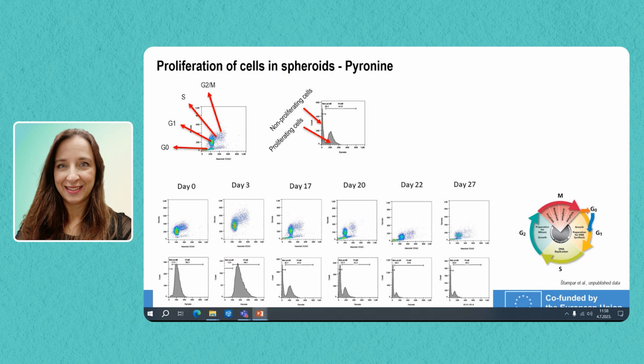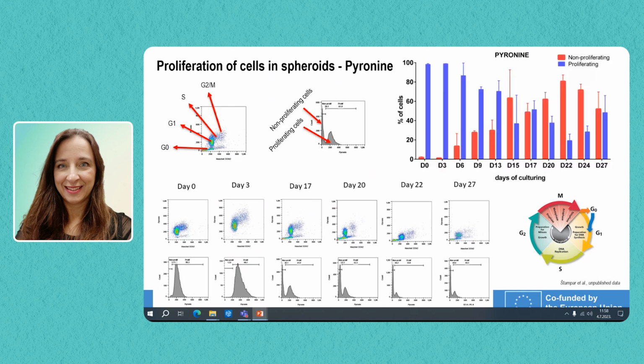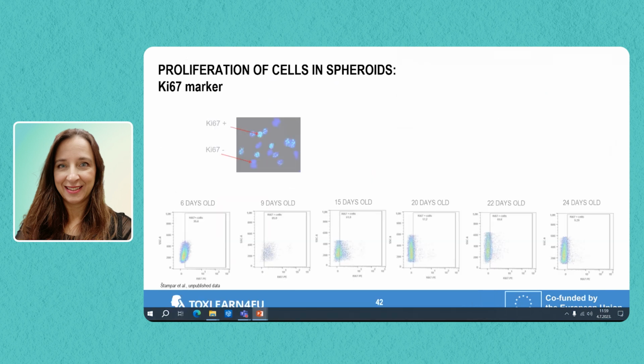So we get, again, the effect showing that the cells are not proliferating anymore. The blue are the proliferating cells that are reducing with time, and the red are non-proliferating cells that are increasing with time. Again, we confirm that in this system, the cells stop proliferating.